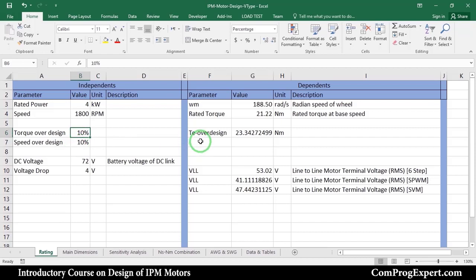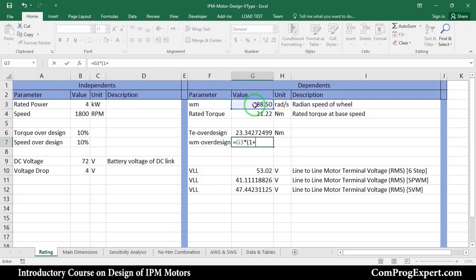Okay, and I write omega m our design is equal to this speed times 1 plus this number.